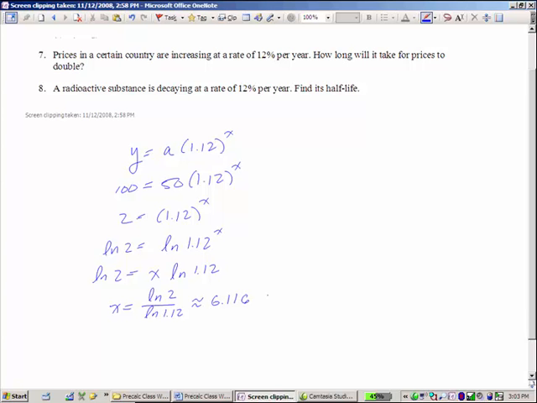So, Tom, it doesn't matter if you take the natural log or log base 10 of both sides. If you do the natural log of 2 and log base 10 of 2, those are two totally different answers, but the ratio here is going to be the same. So if I do log of 2 over log of 1.12, it's true.